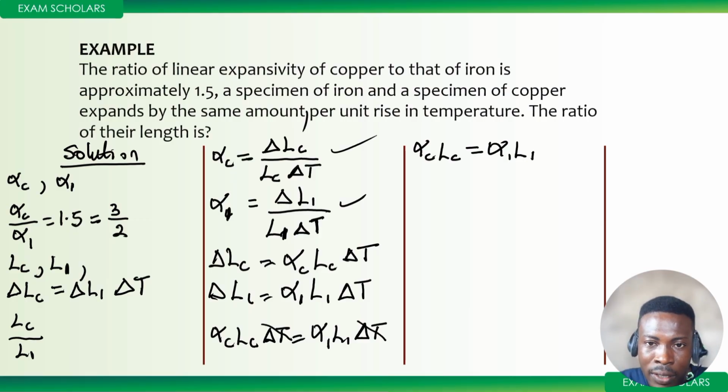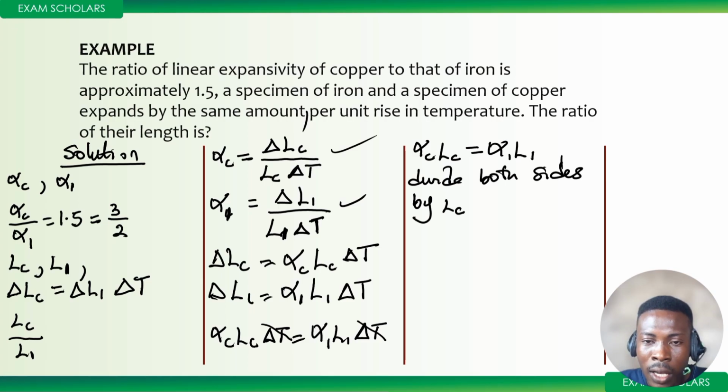So rearrange this. You divide both sides by alpha I. So when you divide both sides by alpha I, let me write it for you. Divide both sides by LC and alpha I. Don't let me assume that you understand all this mathematics.